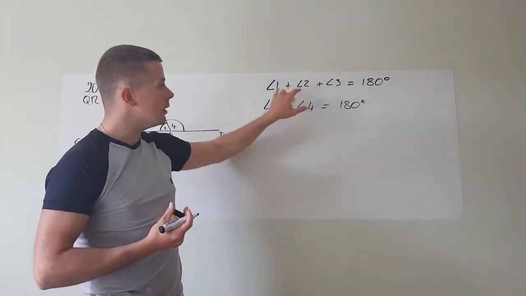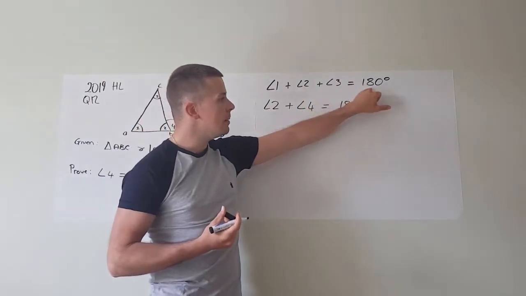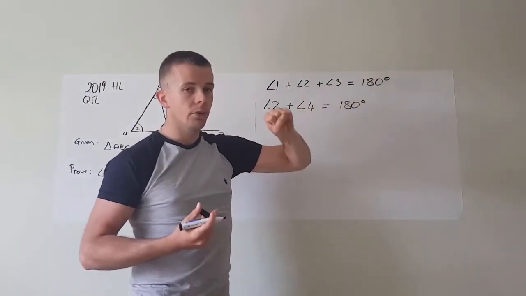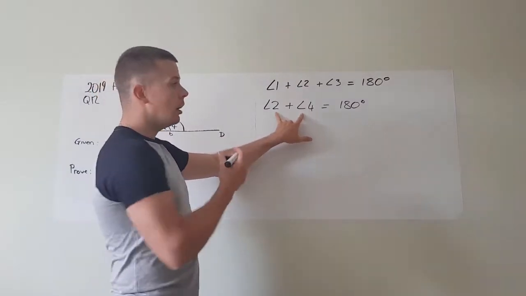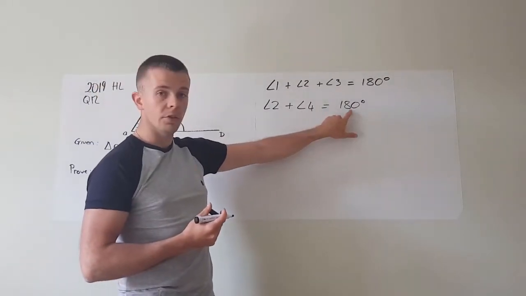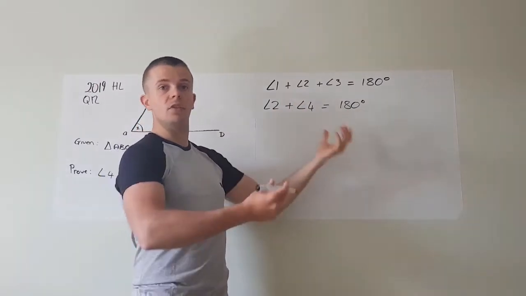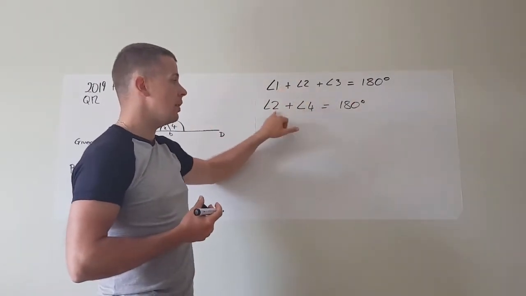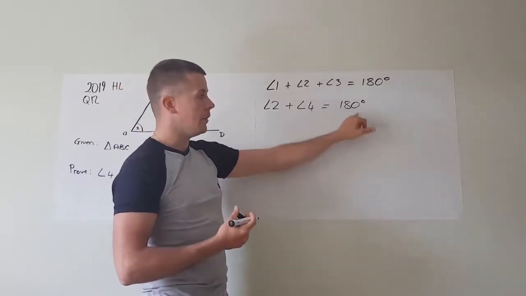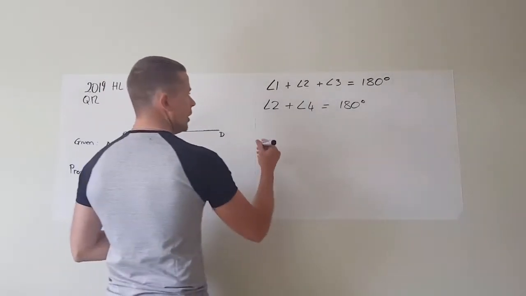Instead of letting this top one equal 180, I'm going to sub in these two angles here, because both of them are also equal to 180. I haven't changed anything, I've just subbed out the 180 degrees and subbed in these two angles, because I know these two angles also add to 180. So that's what we're going to do on our next line.